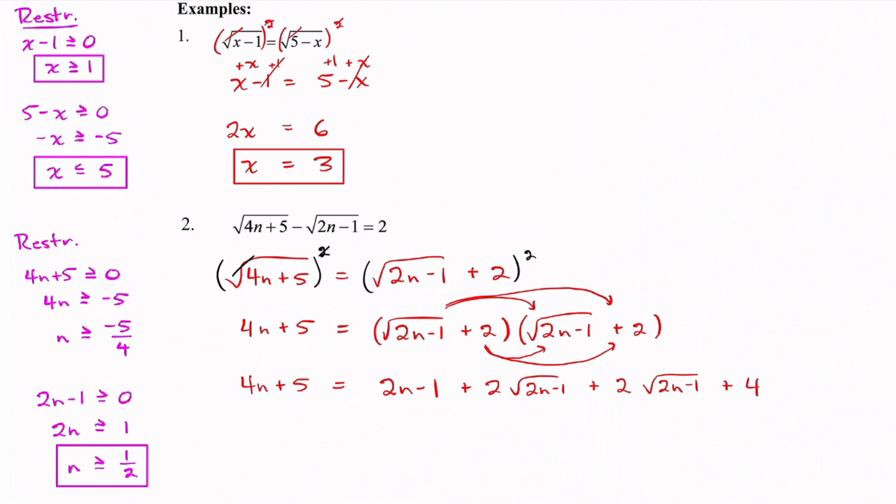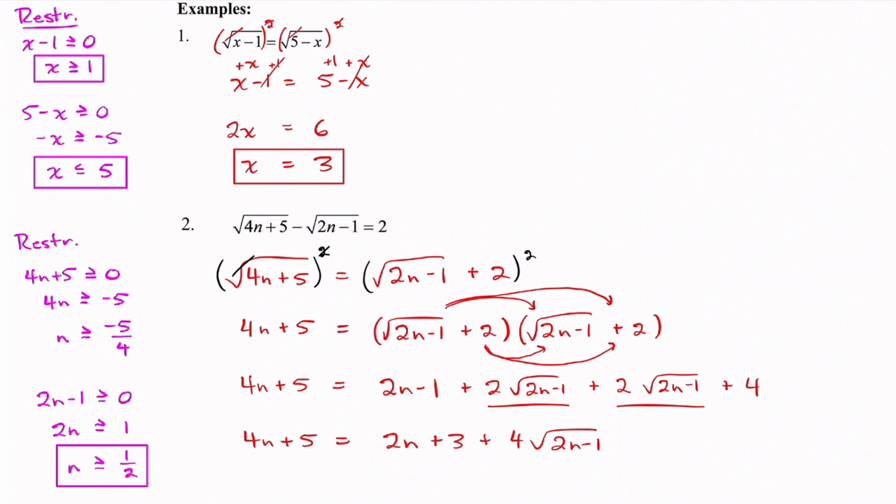So we'll keep this 4n plus 5 the way it is on the right, I'm going to write down our 2n, and then I can put the -1 and the +4 together. That's just a +3. And then I can also put these two together. If I got 2 and 2, remember our addition rules, we just add those up. So I have a 4 square root 2n minus 1.